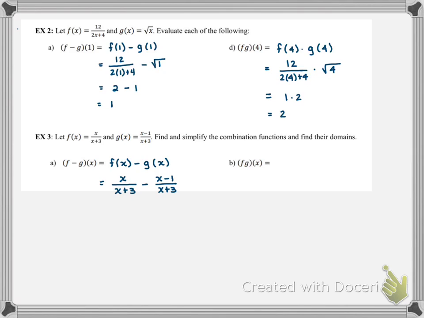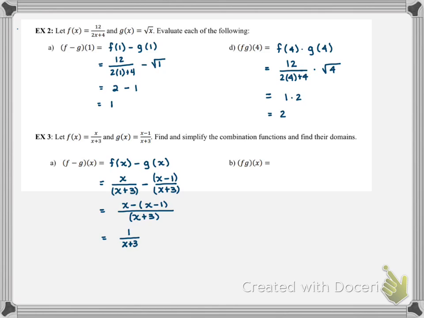But remember that because it's in a fraction, if there's addition or subtraction, these guys are in parentheses. And so this is x minus 1 over x plus 3. So we have to distribute that negative. So that negative sign applies to both terms. So we're going to get a positive 1 here over x plus 3.